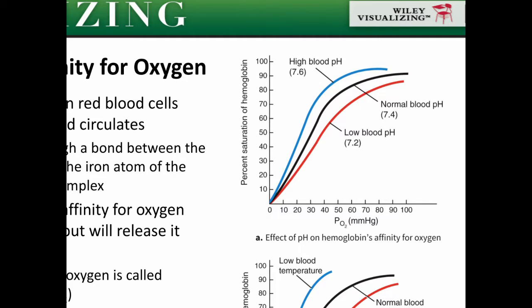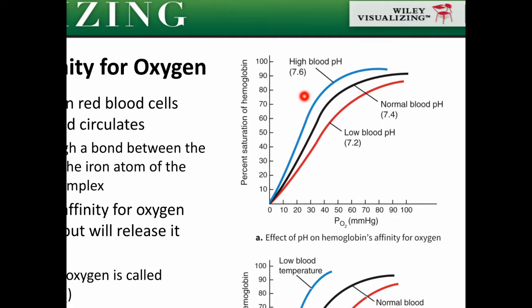So here is your saturation of hemoglobin. As you can see, at high blood pH, where there is low carbon dioxide content, the affinity of oxygen to hemoglobin is higher than at low blood pH.